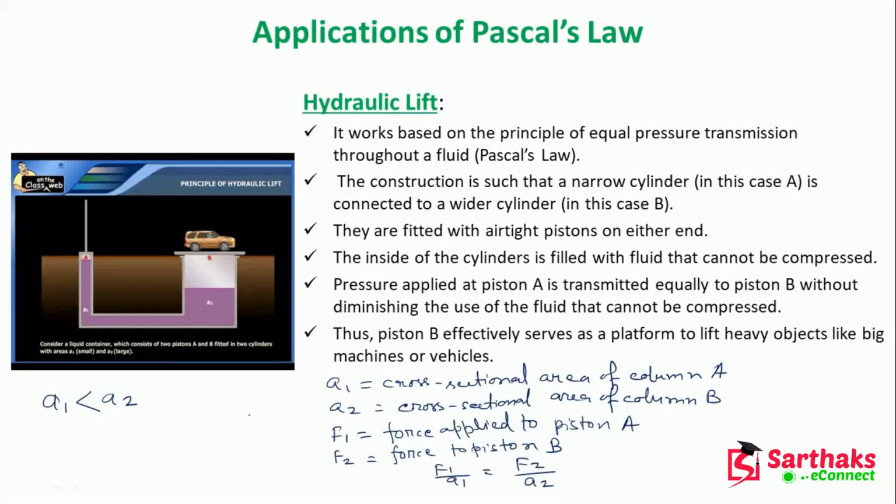Okay, that means the pressure whatever you have in the column A, that pressure equally we can feel at the piston B. Okay, so this is the main Pascal's law, and we have used it in this application, that is the hydraulic lift.